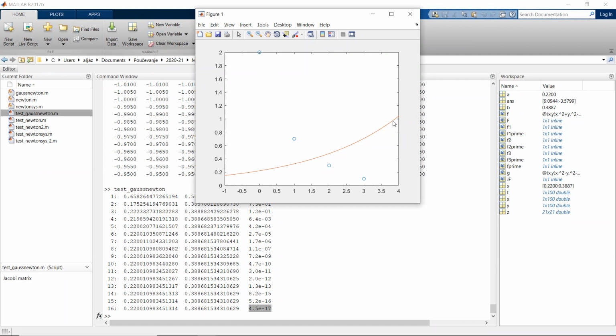You see, it's really a bad fit, but it is a local extremum for A and B near 1.1, 1.1. So we got a local extremum, but it's not what we wanted to obtain.